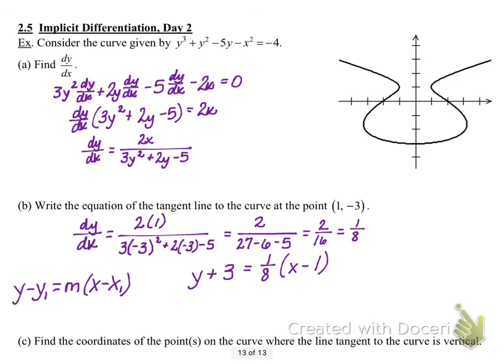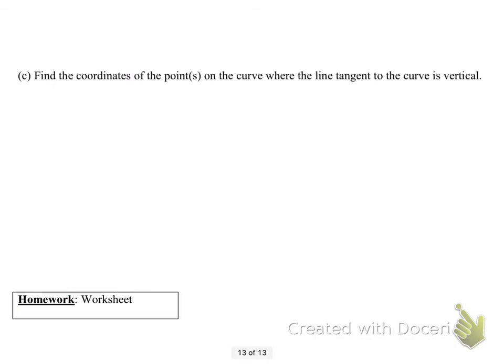Moving on to c. In c, it asks you for the coordinates of the points on the curve where the tangent to the curve is vertical. So we're looking for the places where the slope does not exist, and that would be where the denominator in dy dx is undefined.